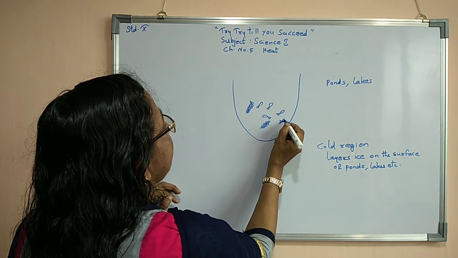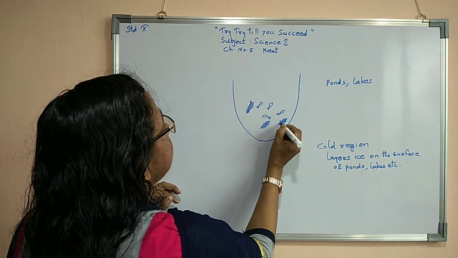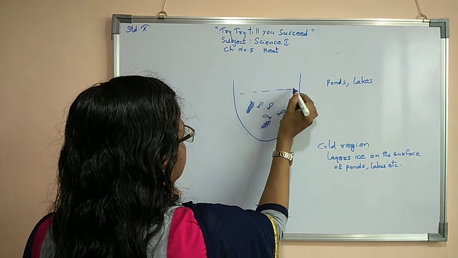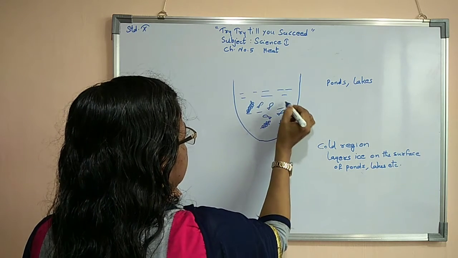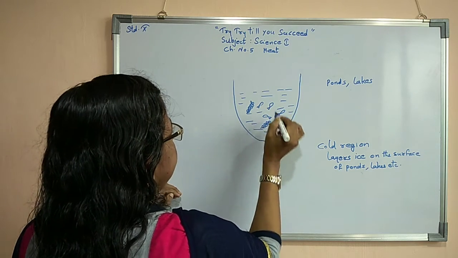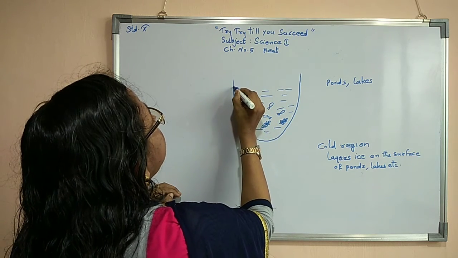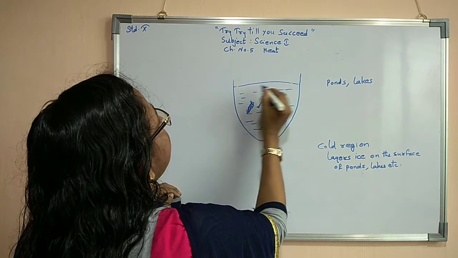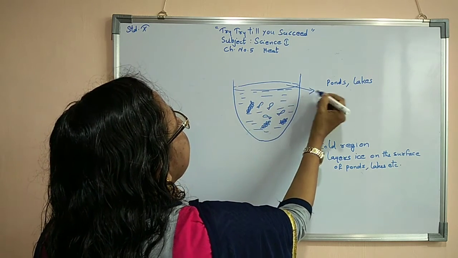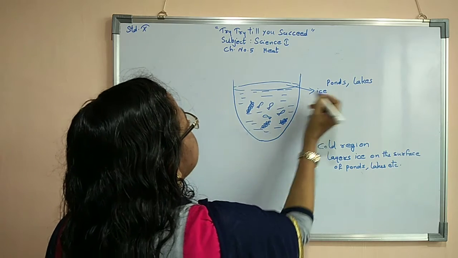How are all these plants surviving such a cold weather? Here I am saying, water will be there. This water, downside water never turns to ice. Now here I am showing you a layer of ice is forming. We can say that this is ice formation.